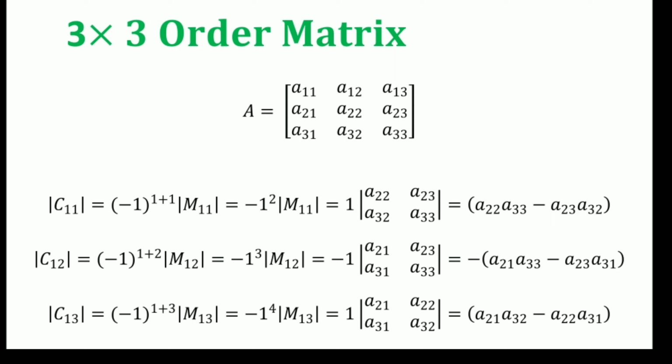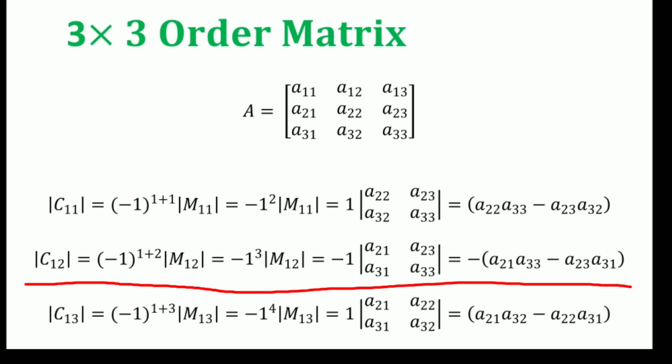Similarly, the second cofactor C12 corresponds to the first row, second element, that is A12. So corresponding to A12, we have the cofactor C12, which is equal to minus 1 raised to the power of the first row plus second column, that is 1 plus 2, into the second minor, which is minus 1 cubed into the minor.